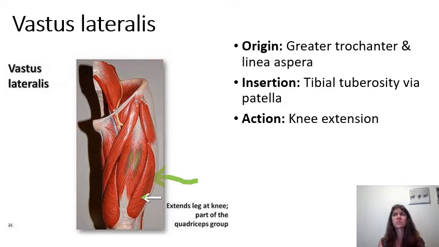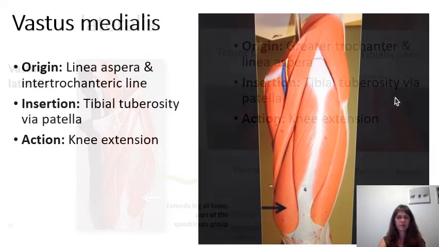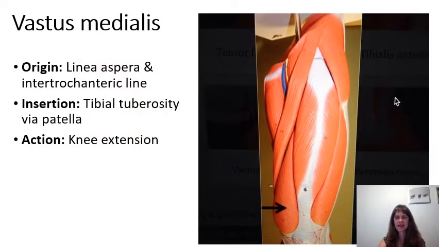All four quadriceps femoris muscles extend the knee. We have vastus lateralis on the lateral aspect of the thigh. We have vastus medialis on the medial aspect of the thigh.